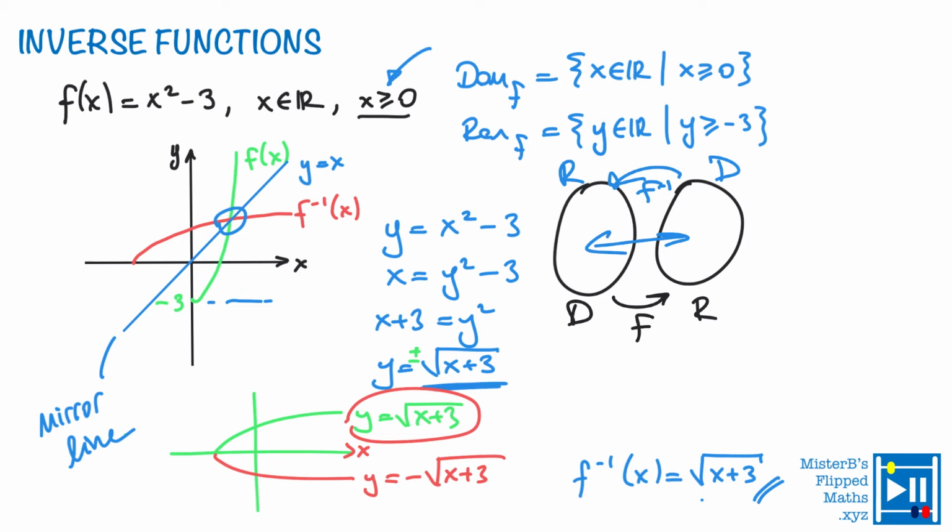So they just swap. Meaning, I'm going to write here for the range of the inverse function, f inverse, and here the domain of f inverse. Of course, the letters must change. This must be y, this must be x, if I'm writing the domain and the range of the inverse function.